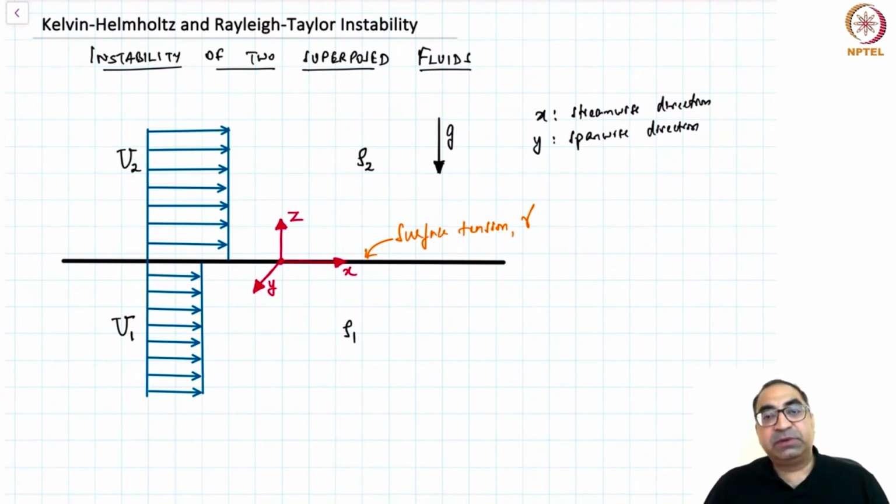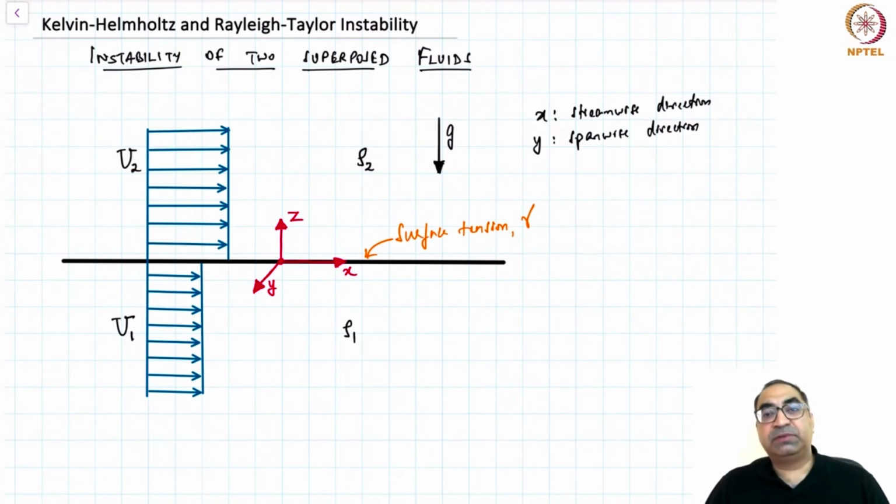The approach that we will be following is very similar to the approach that we followed for several other stability problems. We'll first write down the base state, and then we will write down the governing equations, the full nonlinear equations for all the base state quantities. We will then perturb it, linearize it, and then we'll get the linearized governing equations.